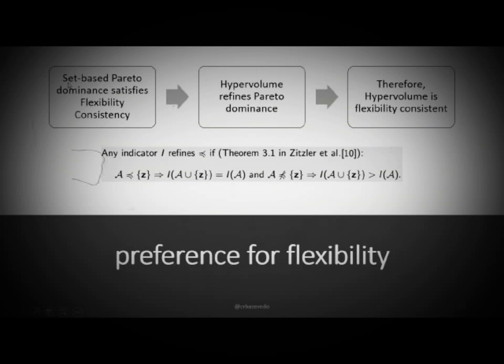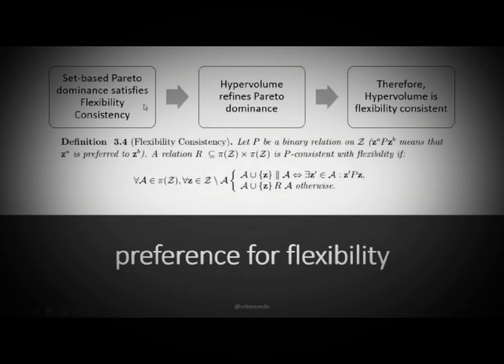The reason here is that the set-based Pareto dominance satisfies a concept in the literature known as flexibility consistency, which says that a decision maker should prefer to augment its set of options whenever the option you are adding to your action set is not dominated by any other option that was originally there.